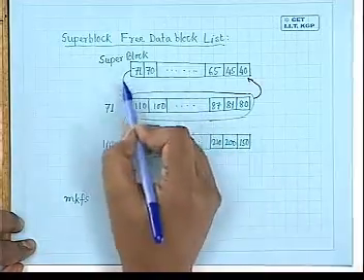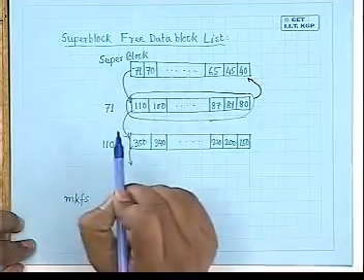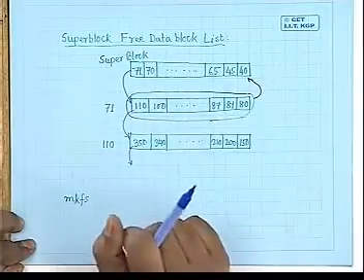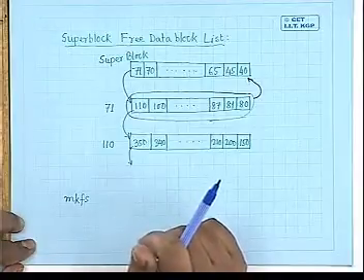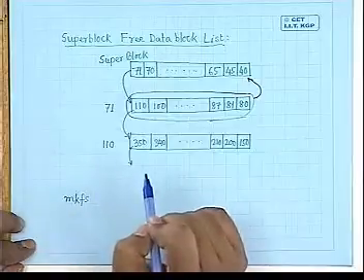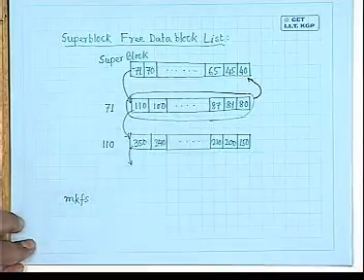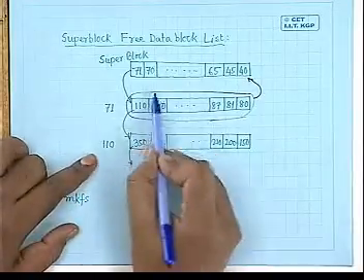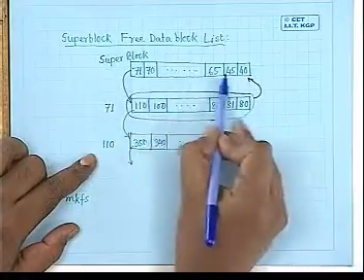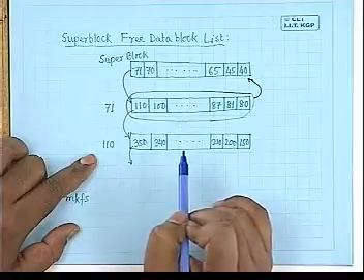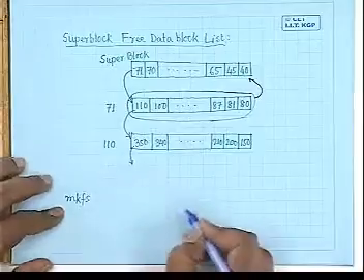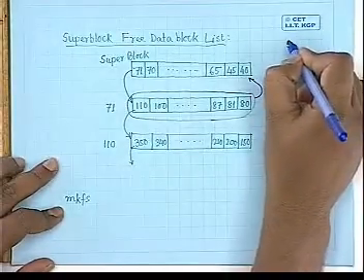But in case you find that there is no free room in the superblock to contain this new block number, then what to do? The simplest procedure is, let us take a situation where all the entries in the superblock are full. In this situation, suppose a process releases, say, block number 500.